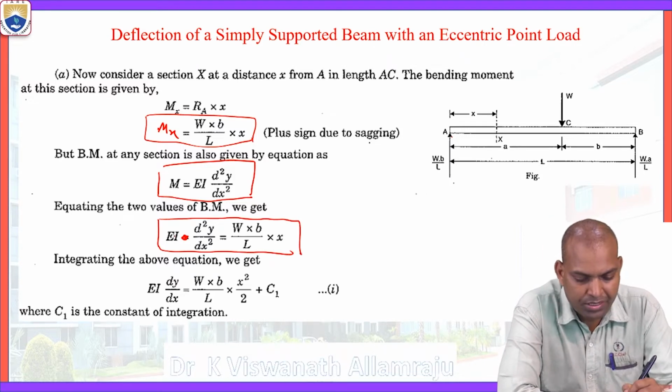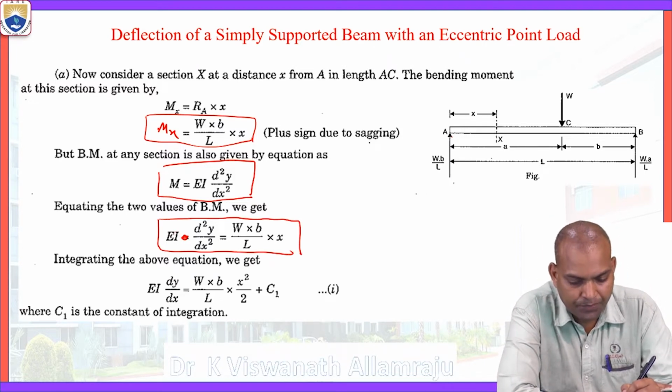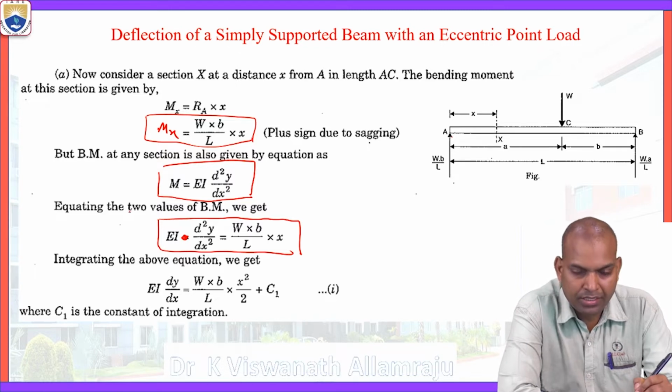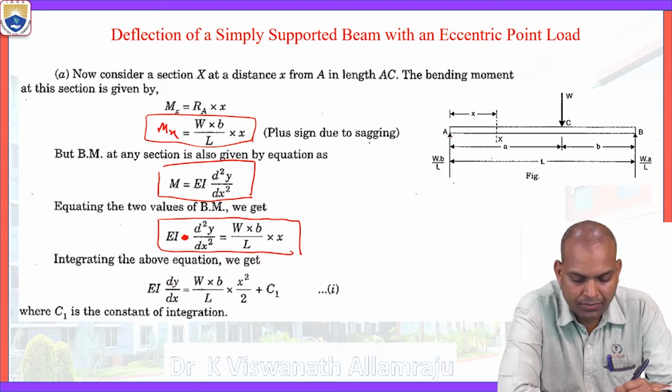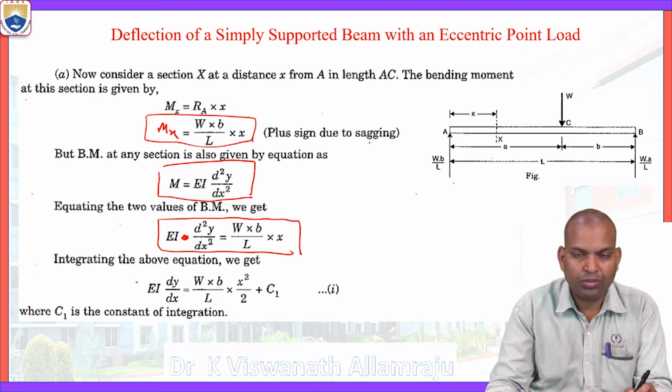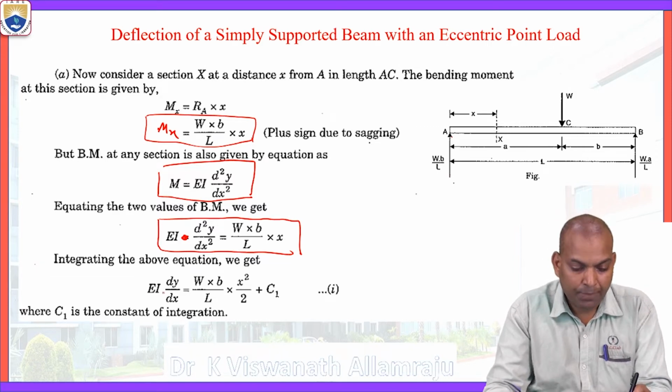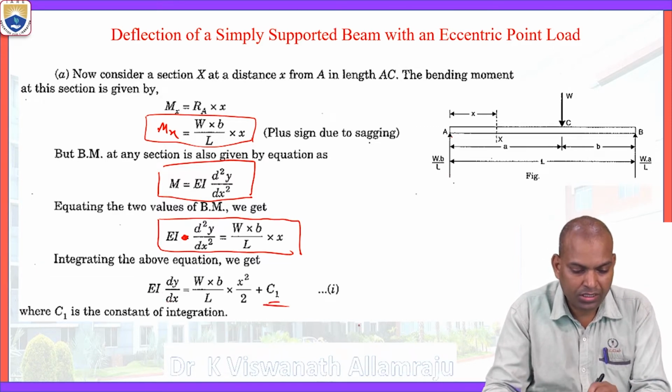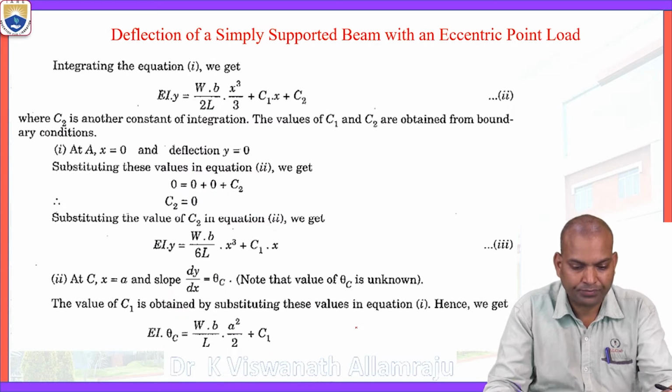If we integrate this equation once, then the equation obtained is known as the slope equation. That is EI times dy by dx equal to Wb by L times x square by 2 plus C1. This equation is known as the slope equation, where C1 is the constant of integration.